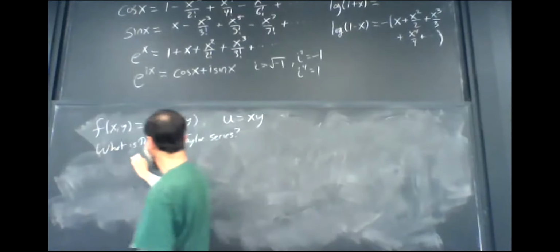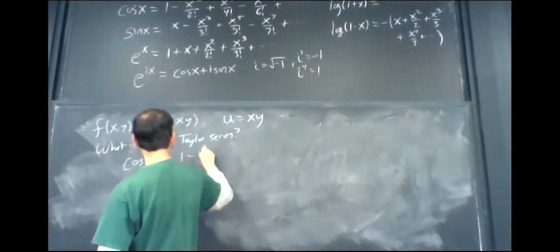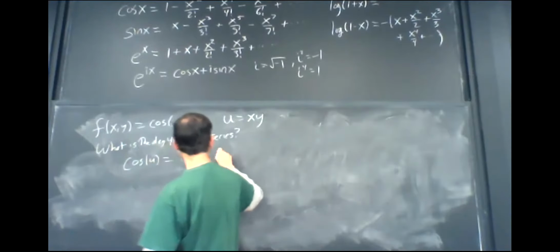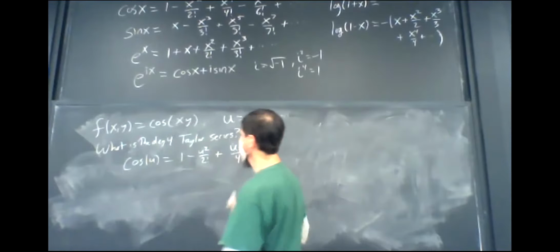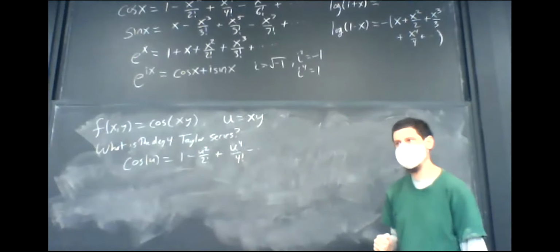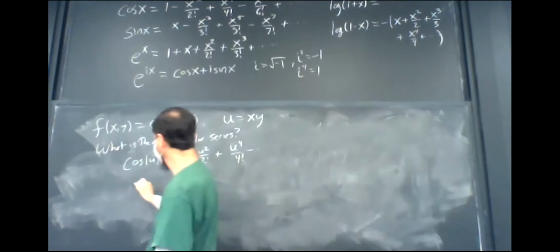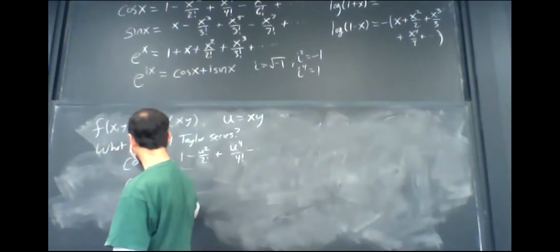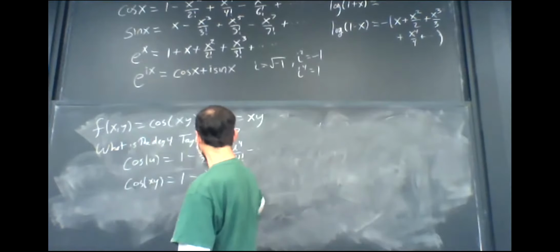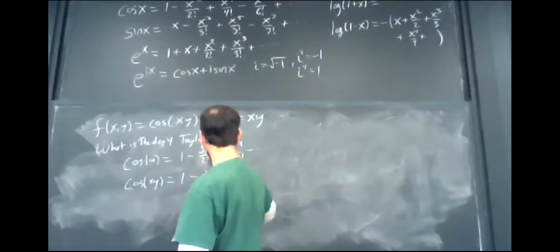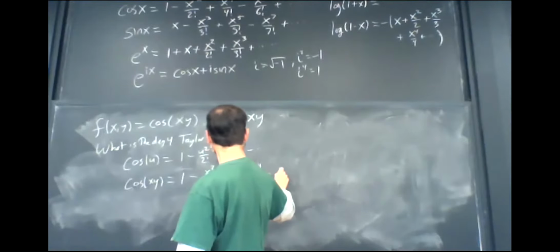Well, we know the cosine of u is 1 minus u squared over 2 factorial plus u to the 4th over 4 factorial, and so on. So the cosine of xy is just 1 minus x squared y squared over 2 factorial plus x to the 4th y to the 4th over 4 factorial.